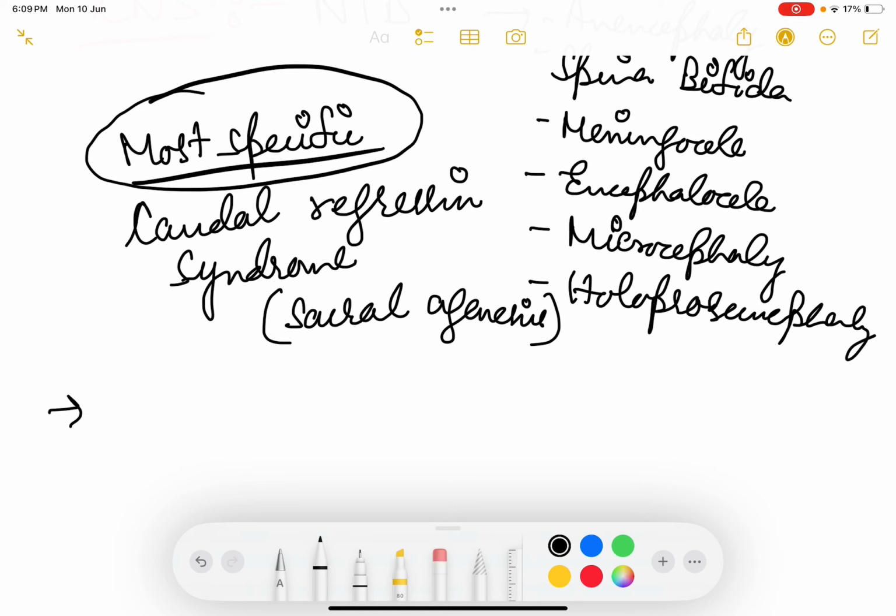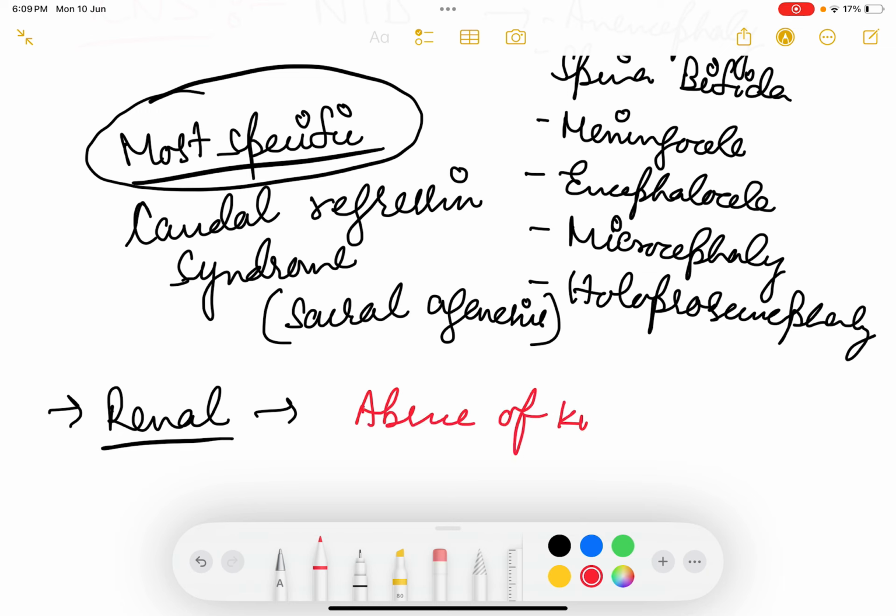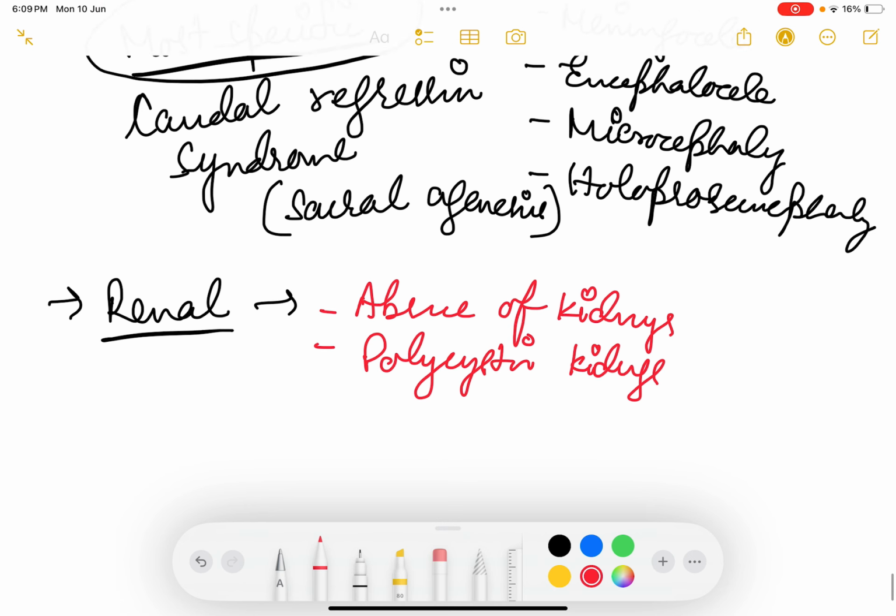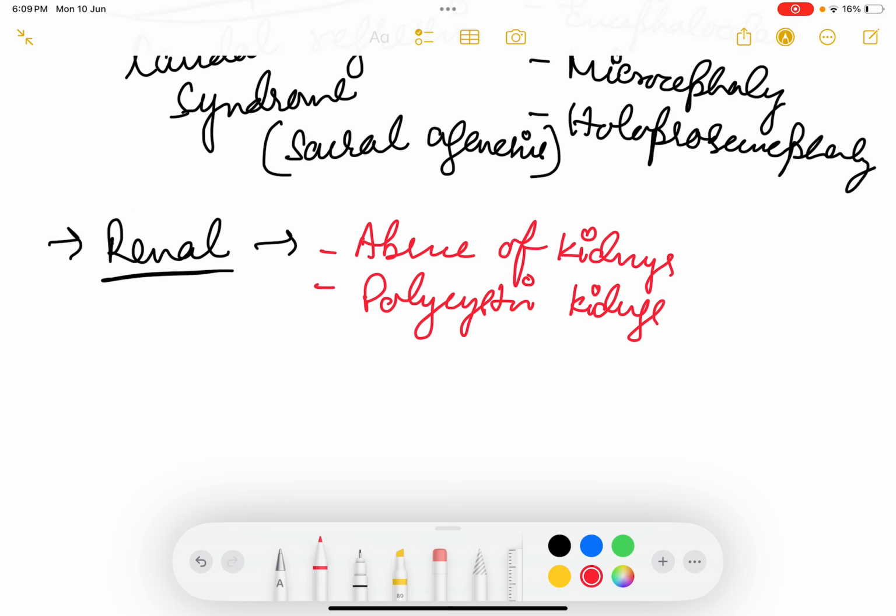Okay, coming to your renal system. In renal system, what are the abnormalities which can be found is there can be absence of kidney, unilateral or bilateral kidneys. There can be polycystic kidneys, not polycystic ovarian syndrome, of course. Polycystic kidneys can be there, and there can be duplication of ureter.